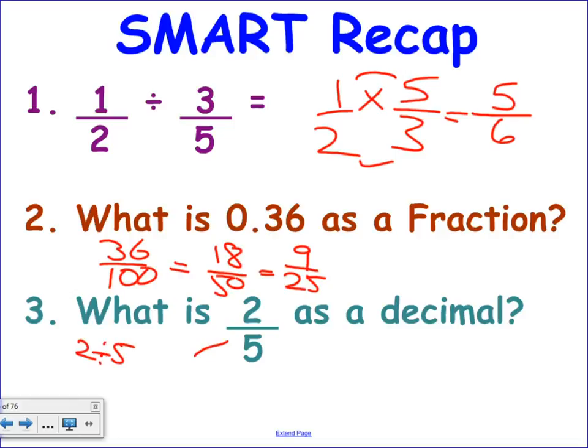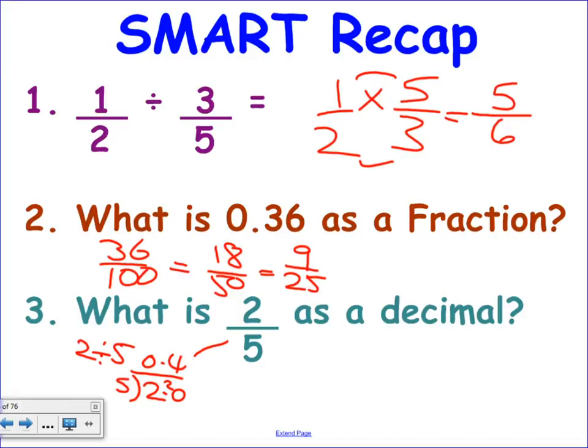Okay? And when I do that problem, in other words, I have 2 and I divide it by 5. 5 doesn't go into 2, so we put a decimal place, carry the 2 and borrow a 0. 5 goes into 20 4 times. So that's the good way of doing it with respect to mathematics, because that's what 2 over 5 quite literally means.